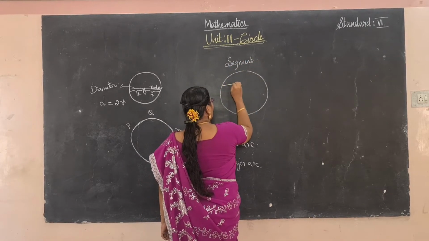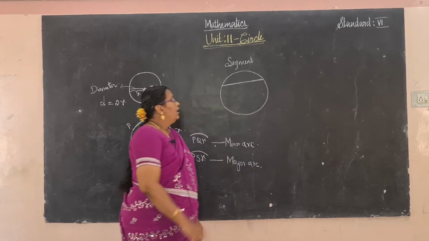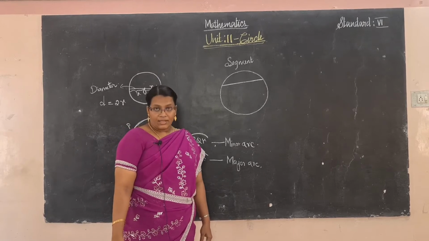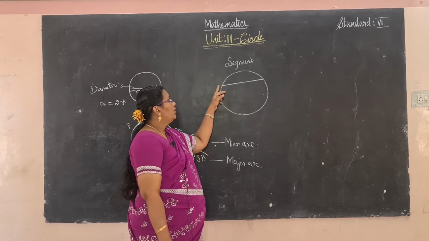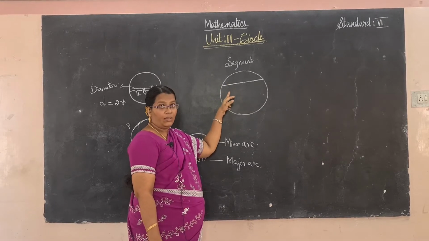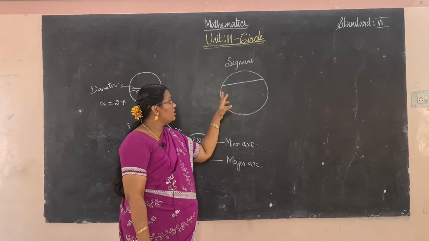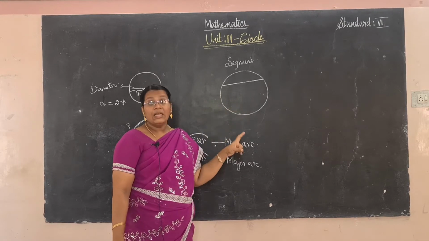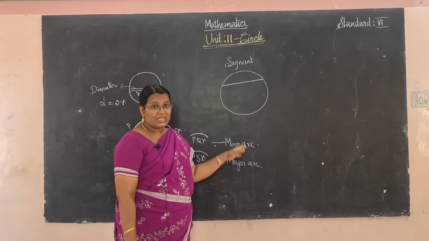A line segment whose two end points lie on the boundary is called a chord segment. It need not pass through the center.